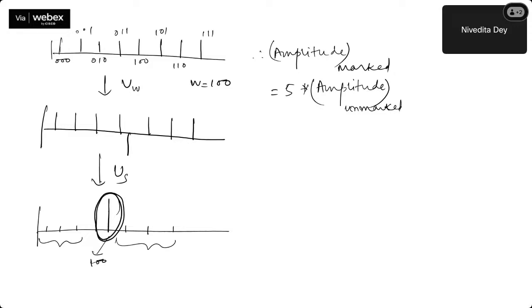So because of this, our amplitude is getting amplified 5 times.